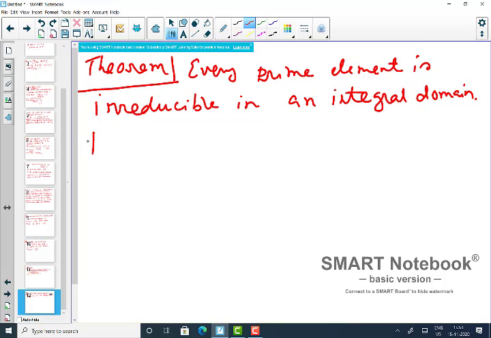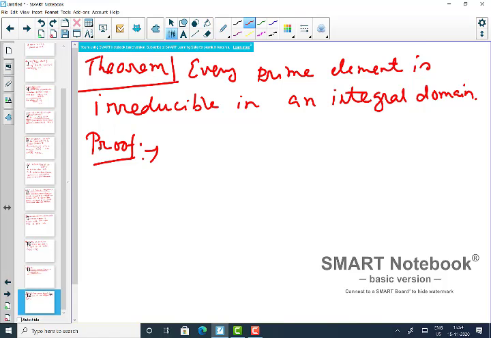Okay, so you require only the minimal integral domain property to prove that primes are always irreducible, right? So primes are very special kinds of irreducible elements. But the set of irreducible elements can be bigger than the set of prime numbers. Okay, that we will prove.